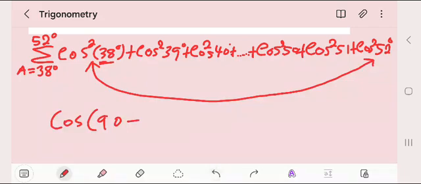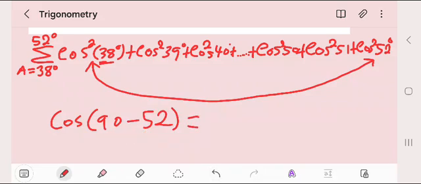For argument's sake, I want us to have that 39. 90 minus 52 is equal to 38. So we have not changed anything.